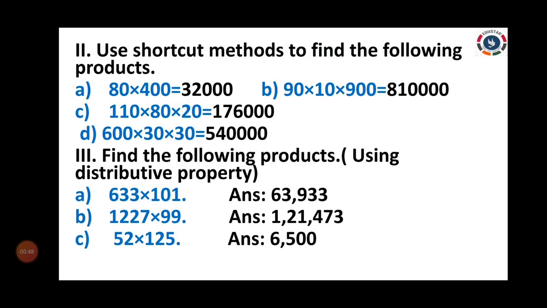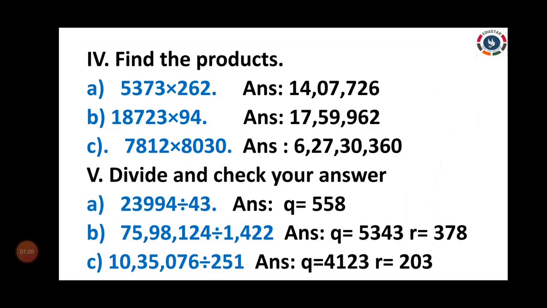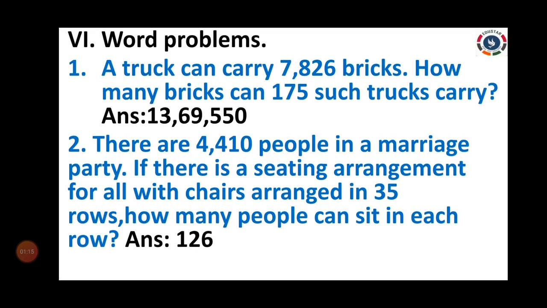I gave 4 sums. And Roman letter 3, find the following products using distributive property. Then Roman letter 4, find the products. I gave 3 sums. And Roman letter 5, divide and check your answer. Then Roman letter 6, word problems. I gave 2 sums.